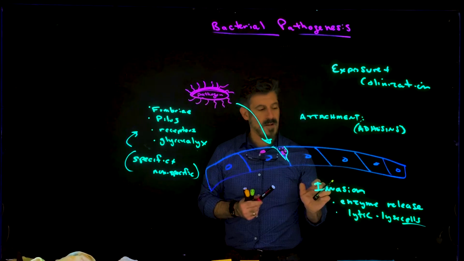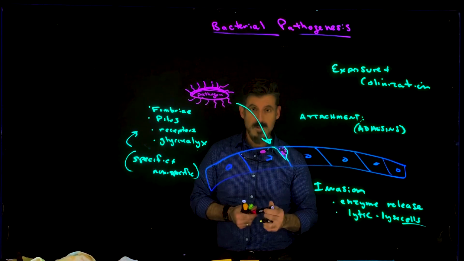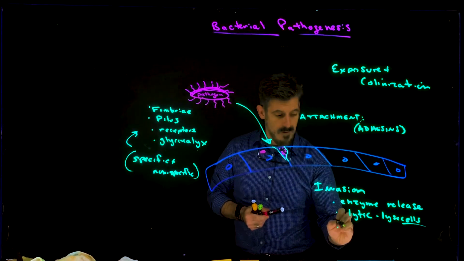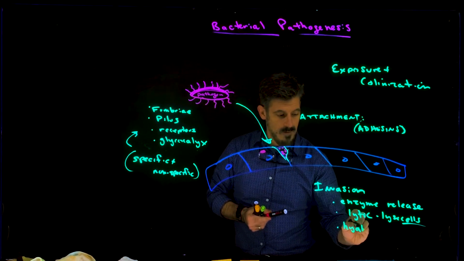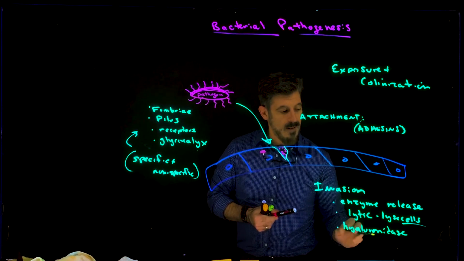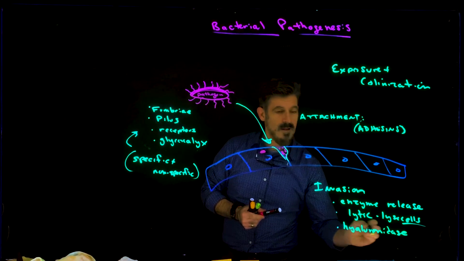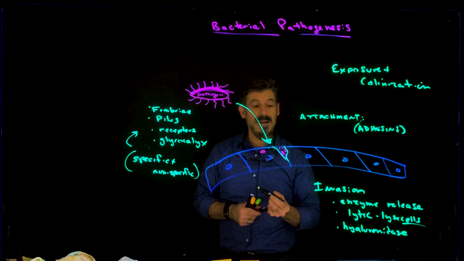Usually they're kind of specific, but there's a phospholipase, for example, that will destroy cell membranes. Hyaluronidase is one of the major enzymes released by bacteria, often called a spreading factor.